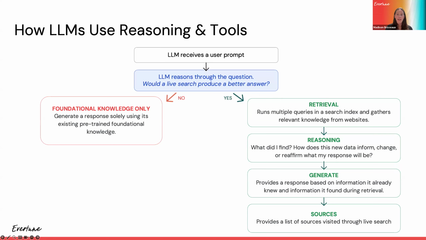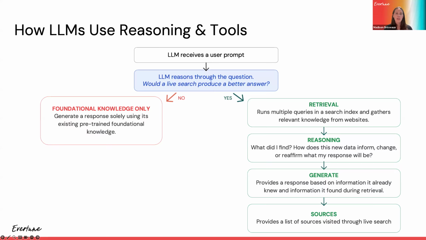If you type in a prompt and it's not saying "searching the web for," then it likely means it's just providing information based on what it knew in its foundational knowledge. And when an AI model cites sources, it's only going to do so when it ran that live search. It's not going to provide sources if it's answering solely based on its foundational knowledge.